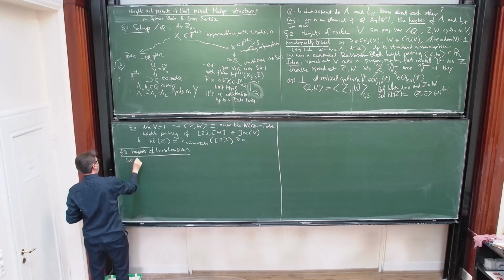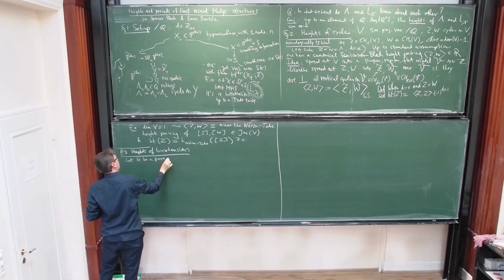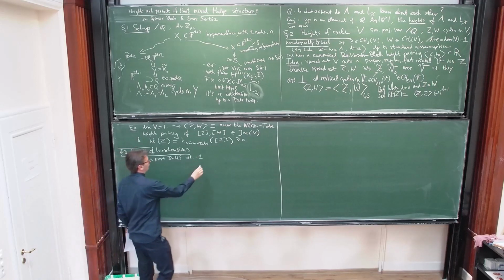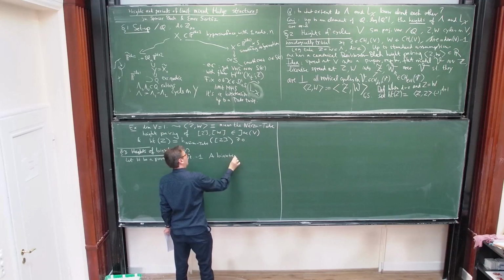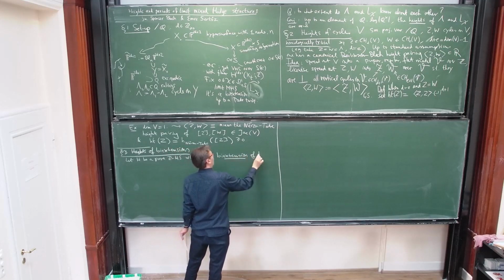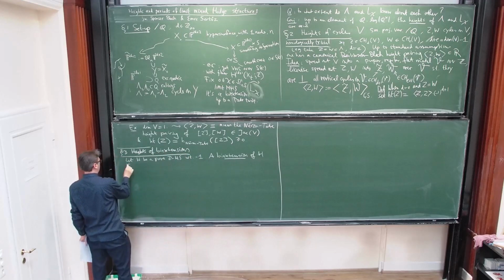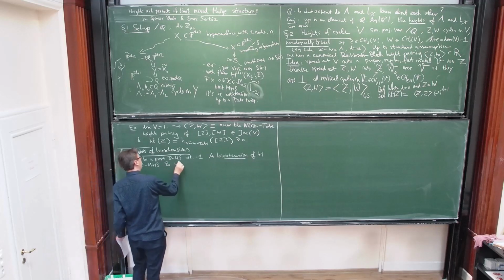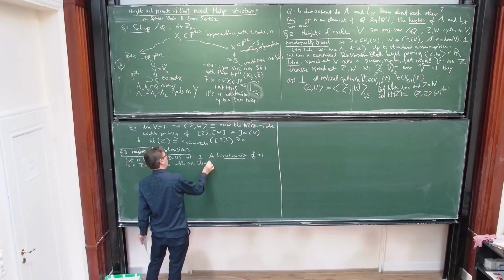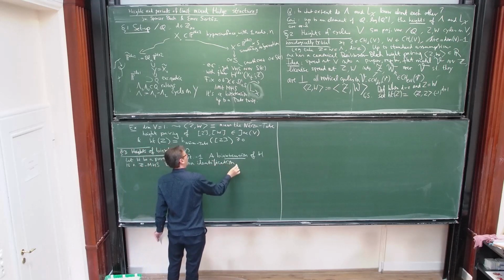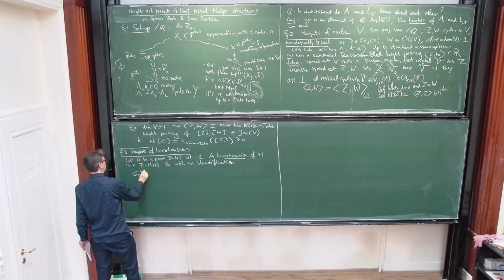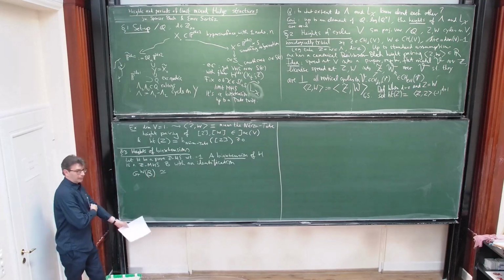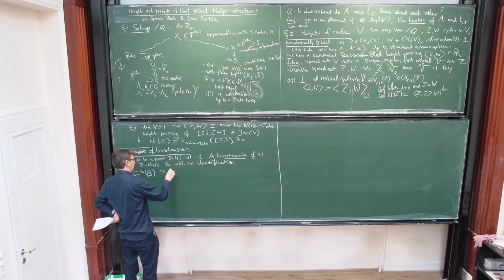So let H be a pure Z Hodge structure of weight -1. Then a biextension of H is a Z mixed Hodge structure B with an identification of the graded pieces, W of B, with the following standard ones, so Z(1).